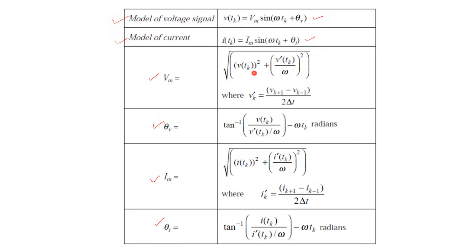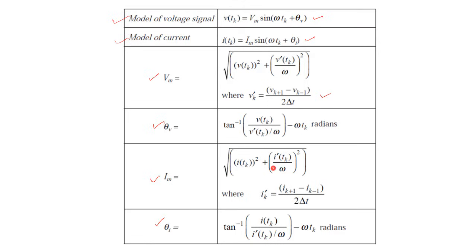So Vm is the square root of Vtk squared plus (V dash tk by omega) squared, whereas Vk dash we know already, using the central difference formula, and theta v is equal to tan inverse of Vtk by (V dash tk by omega) minus omega tk radian.